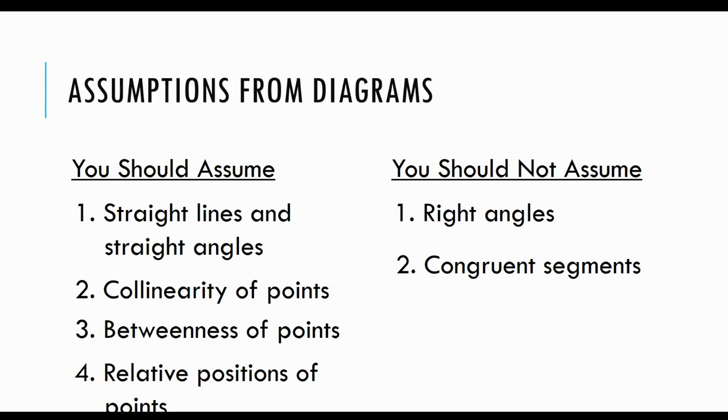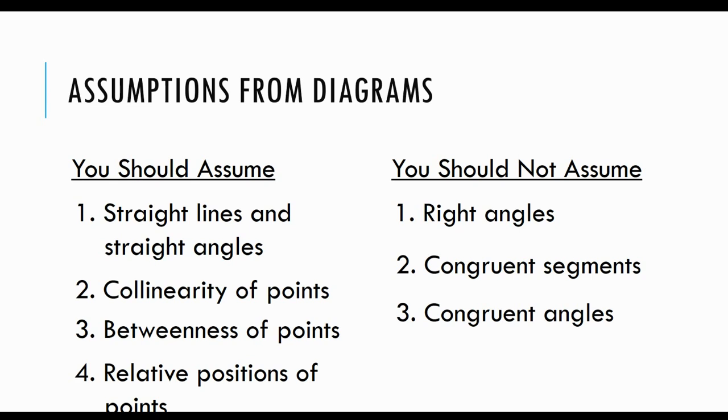So unless I'm specifically told this is a length of 5 inches, this is a length of 5 inches, or that they have the same markings, so they have the same tick mark in between, I cannot assume that segments are congruent. Even though they might appear to look the same length, I cannot assume it unless it's marked or indicated as such. Same thing with congruent angles.